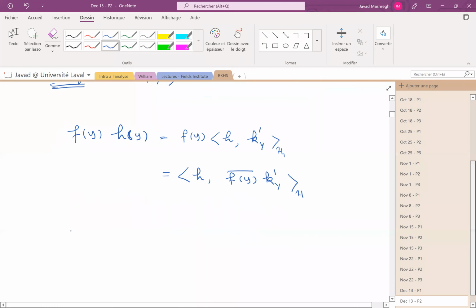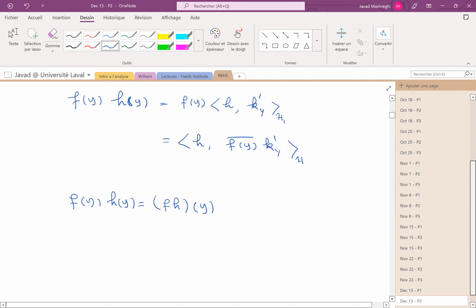The other way is to write it as (Fh) evaluated at point y, or the same thing as M_F h evaluated at point y. And note that M_F h is in the second space.